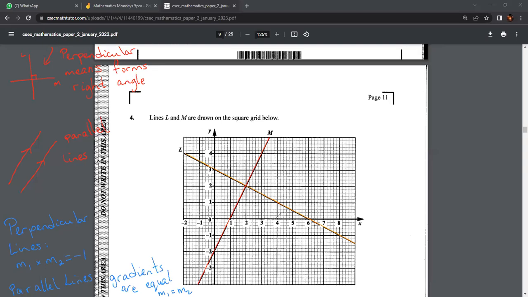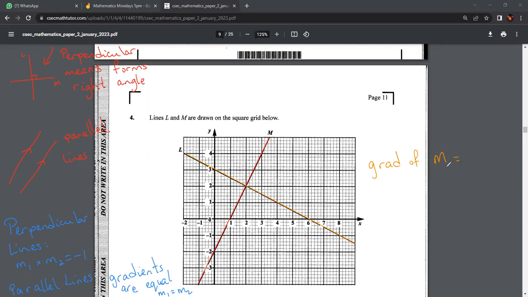All right. So they told me that we have to show by calculation that my lines L and M are perpendicular. That means when I take the gradient of one and I multiply by the gradient of the other, I'm supposed to get -1. Right? All right, so we know the gradient of M. We just solved that.